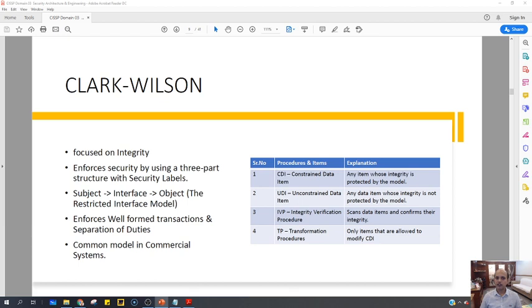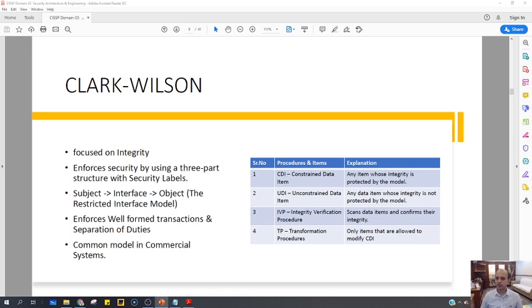So that's our interface. This management console of the firewall is the interface between the two. Our object here is the firewall, and the subject is the user who is using that particular management console.